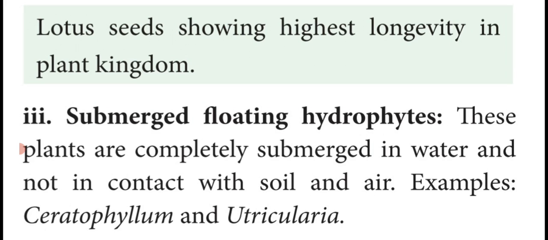These two plants are examples of submerged floating hydrophytes. That means the plants are completely submerged in the water. They are not in contact with the air and soil. Example, Ceratophyllum and Utricularia.